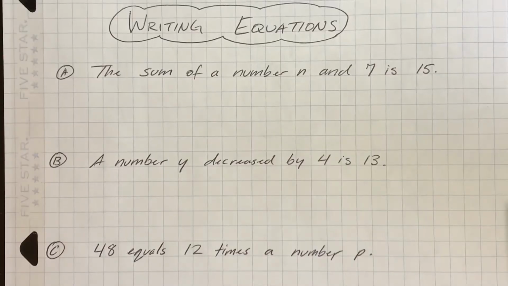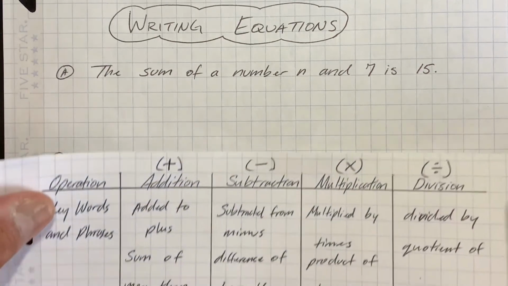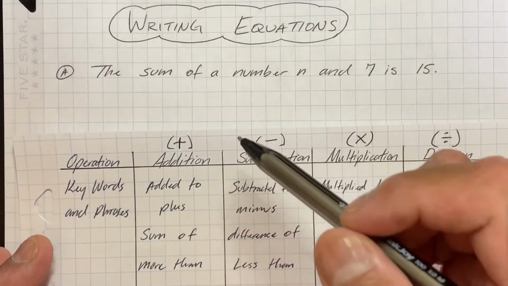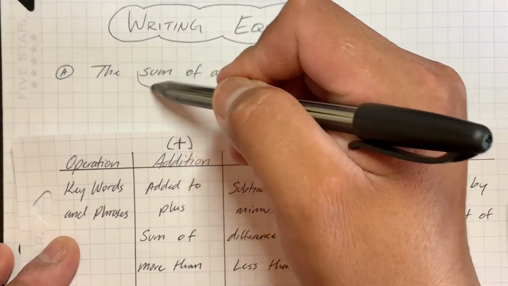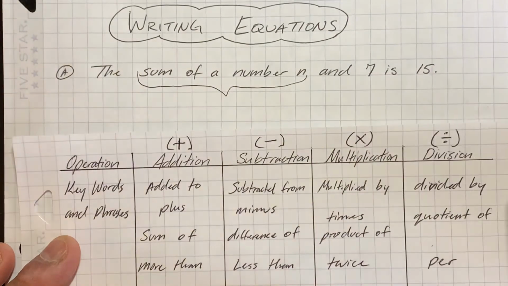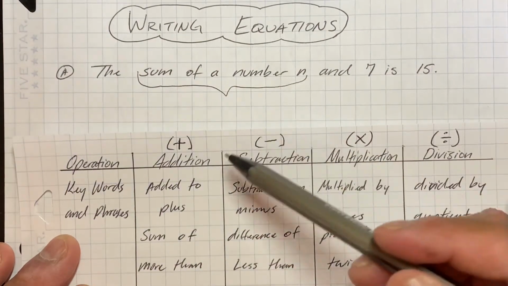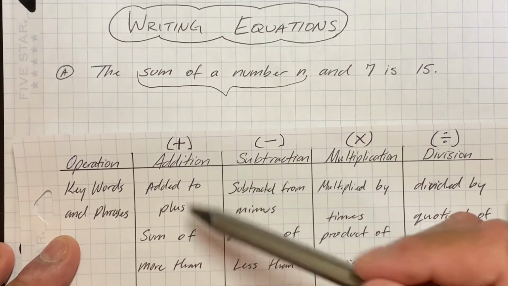Here we're going to write equations with one variable. Again, listen to keywords and phrases. We have A, B, and C. Let's work with A first. The sum of a number n and 7 is 15. It says the sum of a number n, and the sum of tells you to add.